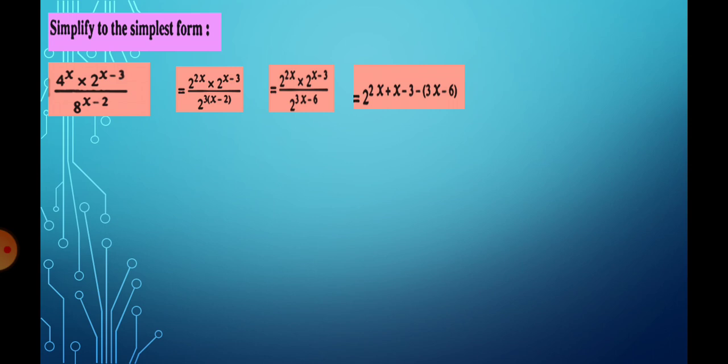It will be 2 to the power 2x plus x minus 3 minus open bracket 3x minus 6. It will be 2x plus x minus 3 minus 3x, and negative times negative equals positive 6. Then it will be 2 to the power 3, which equals 8.